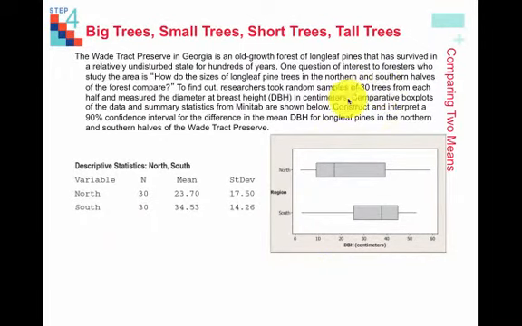So we have box plots for the two sets of data here, and we have the summary statistics for a sample of 30 trees from each part of the forest. We're going to construct and interpret a 90% confidence interval without technology. We'll use the technology in a minute.